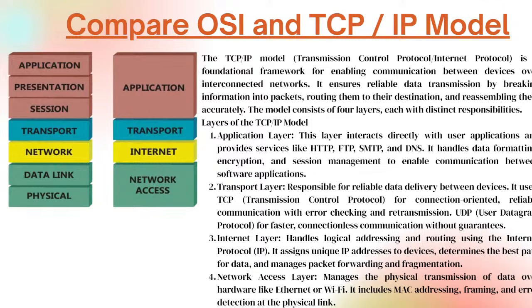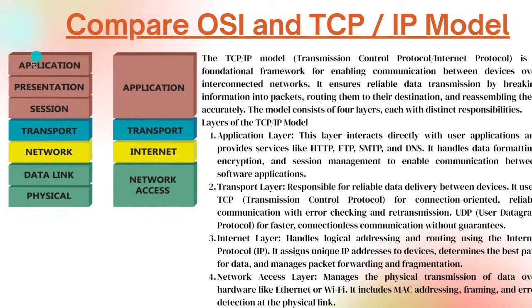Okay, so again, whatever we have discussed in the OSI model, here the application layer is doing all the work of application, presentation and session. Transport layer, the same work. Internet, the same work. The network access layer is doing the work of the data link layer and physical layer. So whatever we learn in the OSI model, the same thing will be applied in the TCP/IP model also.